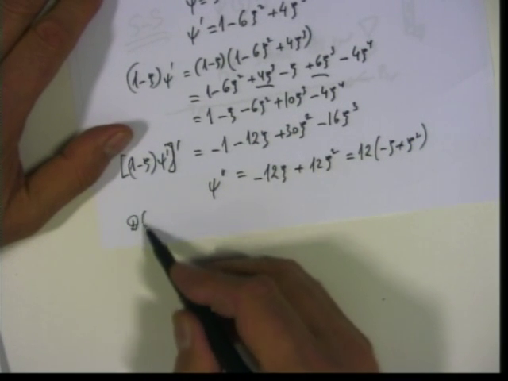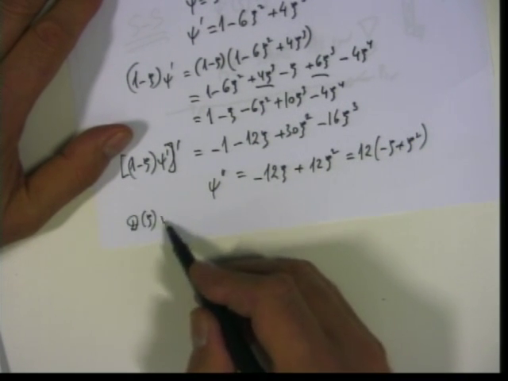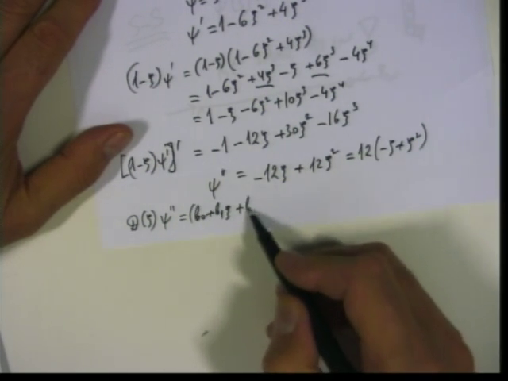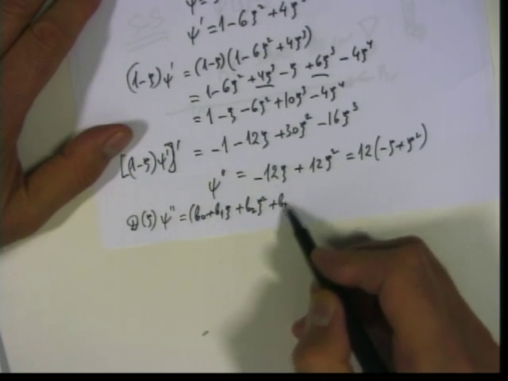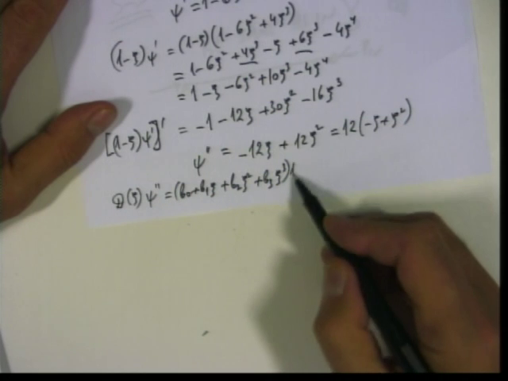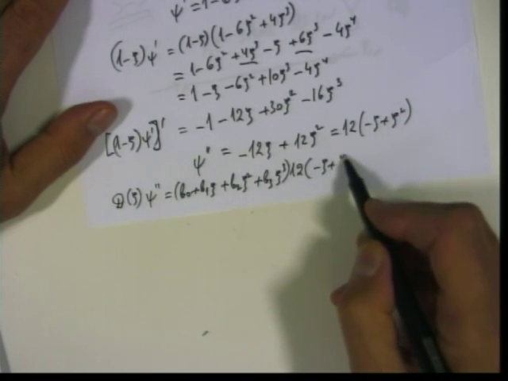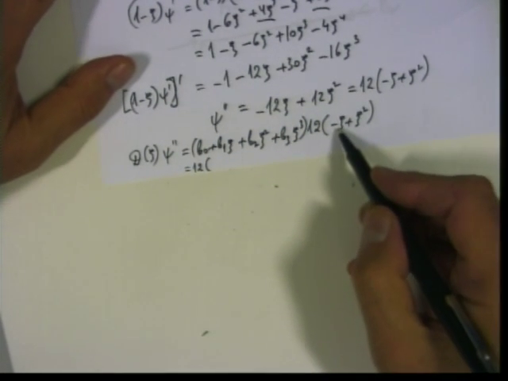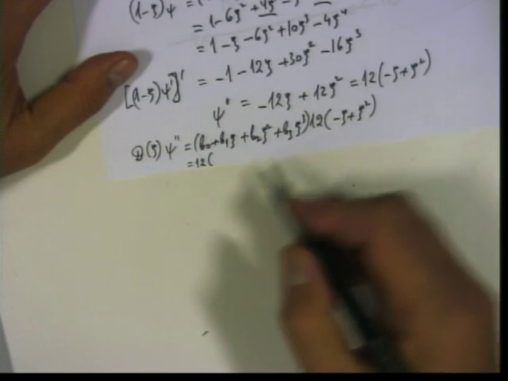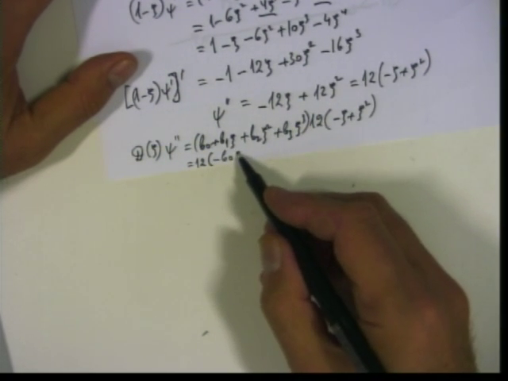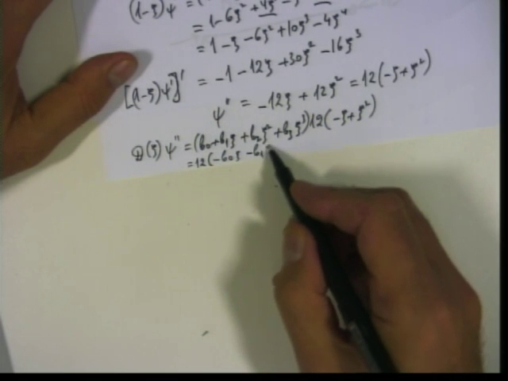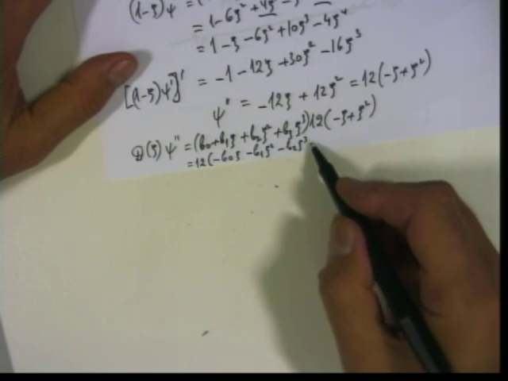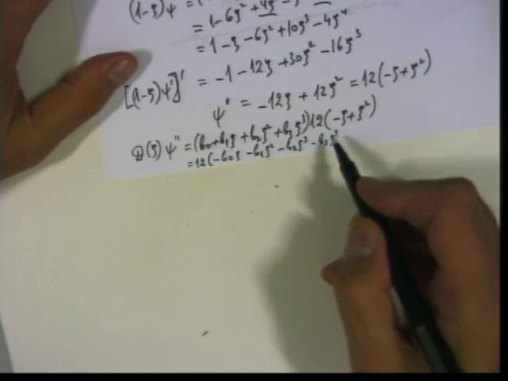Then I multiply d of psi times the second derivative: b0 plus b1 psi plus b2 psi squared plus b3 psi cubed times 12 times minus psi plus psi squared. So this equals 12. I will multiply this by every term and then this by every term. Minus b0 psi minus b1 psi squared minus b2 psi cubed minus b3 psi in fourth power.